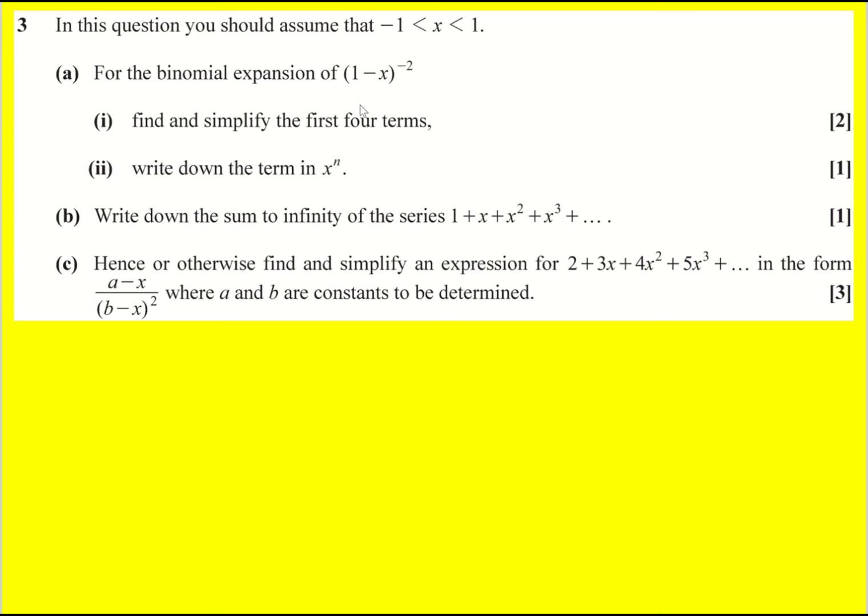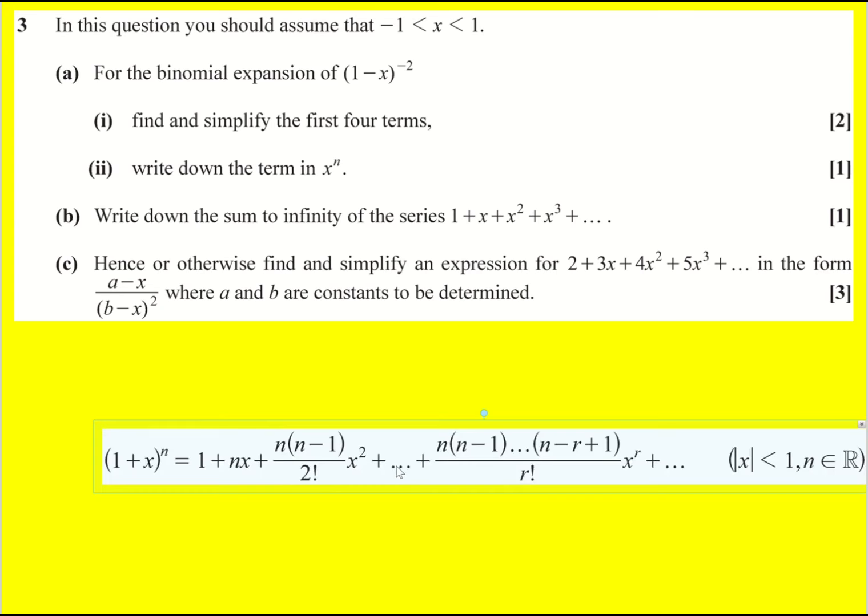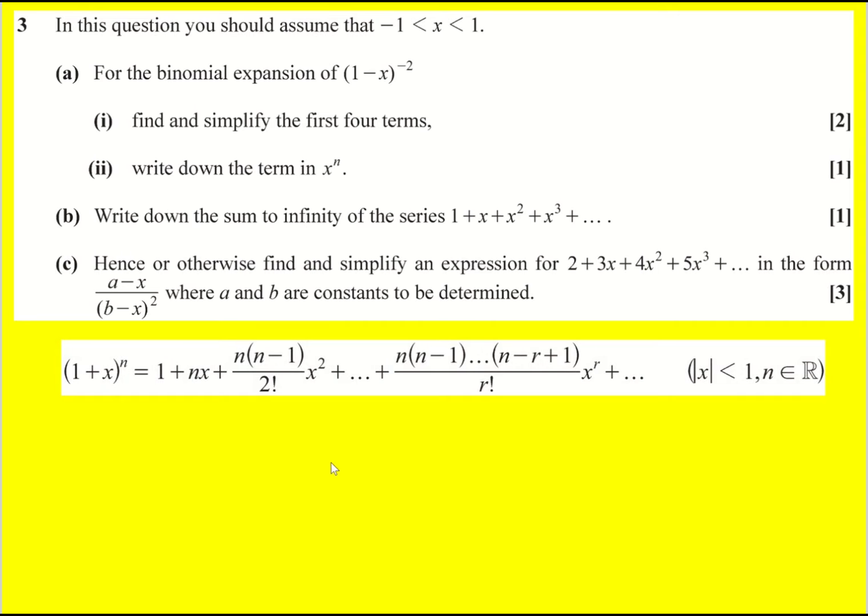We're asked to find the first four terms of the binomial expansion of (1 minus x) to the minus 2. So I just need to replace my x here by minus x and my n by minus 2.